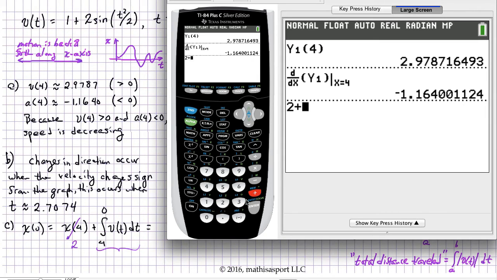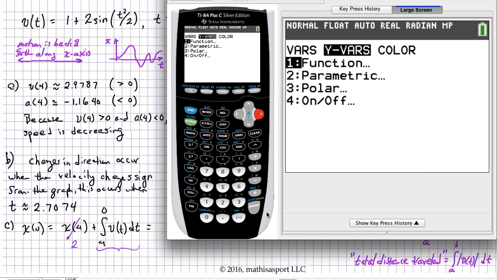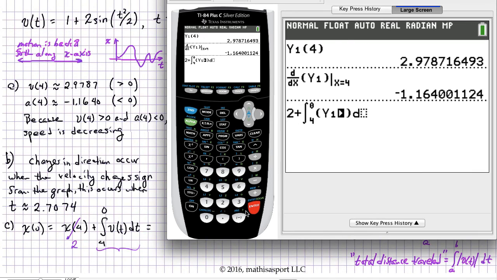We want to add to that the integral from 4 to 0 of the velocity function, which again I can reference indirectly as y1. And that's my final answer, negative 3.8150.